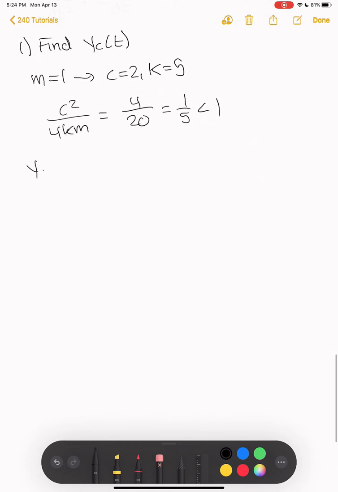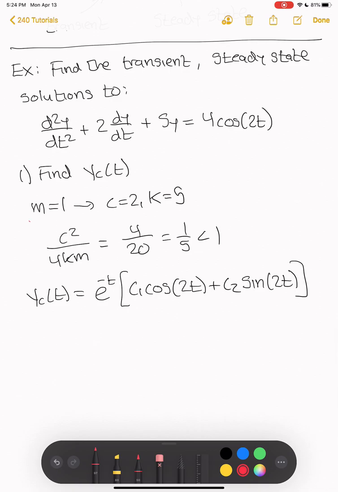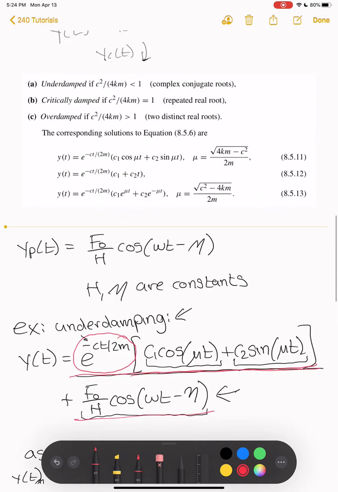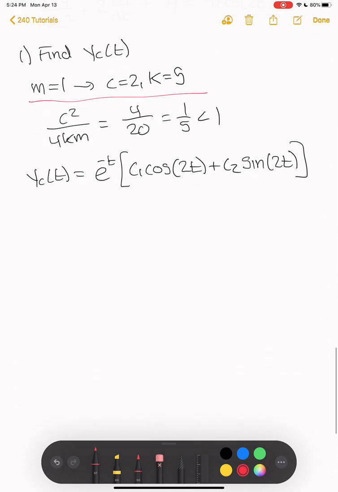So my yc of t is equal to e to the negative t times c1 cosine of 2t plus c2 sine of 2t. So I just inputted this information into this solution here, and that's what we got. You can check that on your own if you're skeptical. But that's our complementary function.